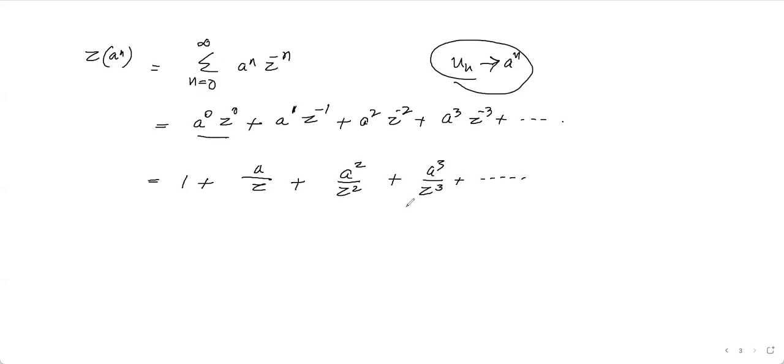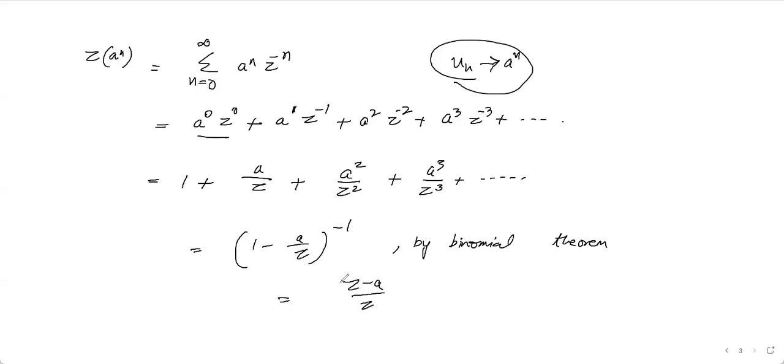Now, by binomial expansion, this would be 1 minus a by z to the power of minus 1. This is by binomial theorem. Or we can write it as z minus a by z to the power of minus 1.